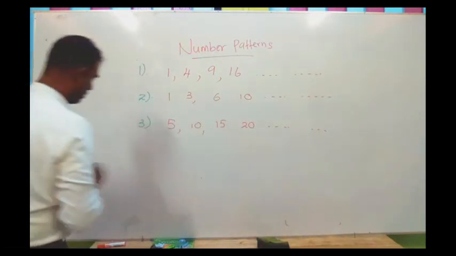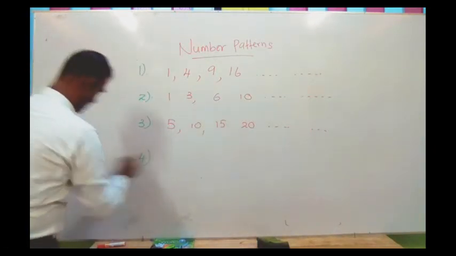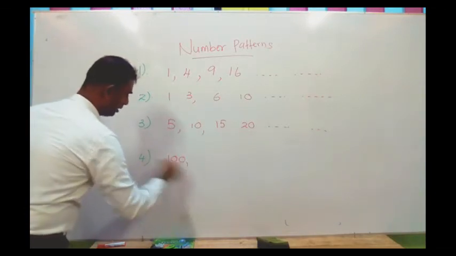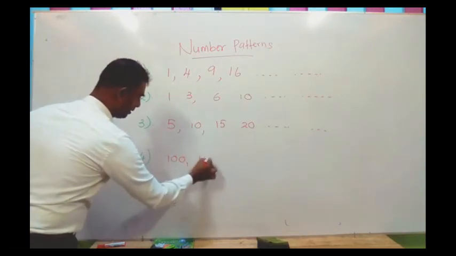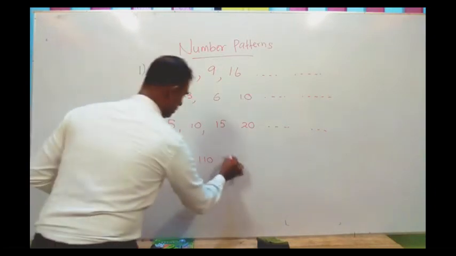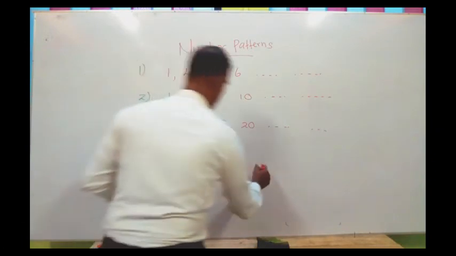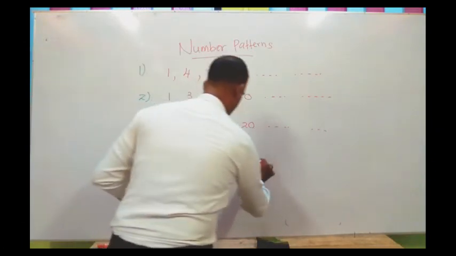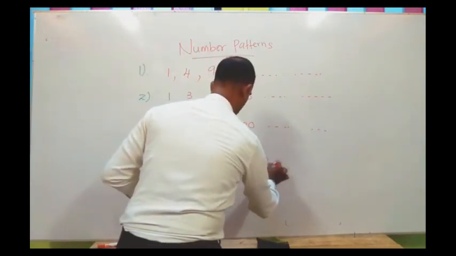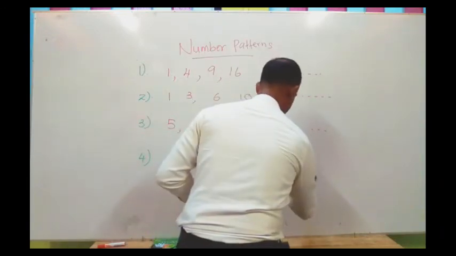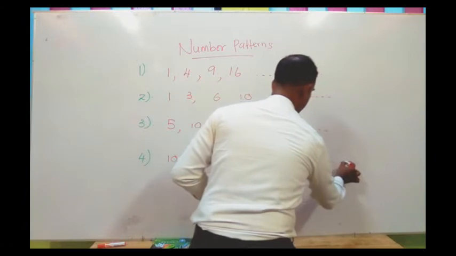The fourth one is another number pattern: 100, 110, 210, 220, 430, blank, blank.